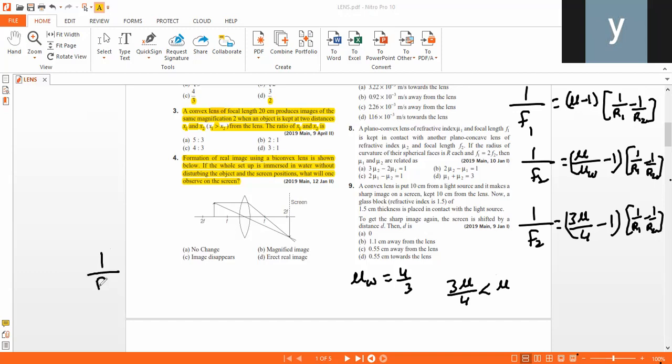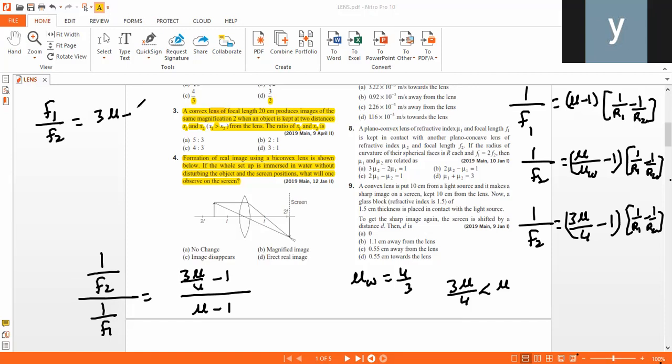That is 1 by f2 by 1 by f1 is equal to 3 mu by 4 minus 1 by mu minus 1. That we will get as f1 by f2 is equal to 3 mu minus 4 by 4 mu minus 4.